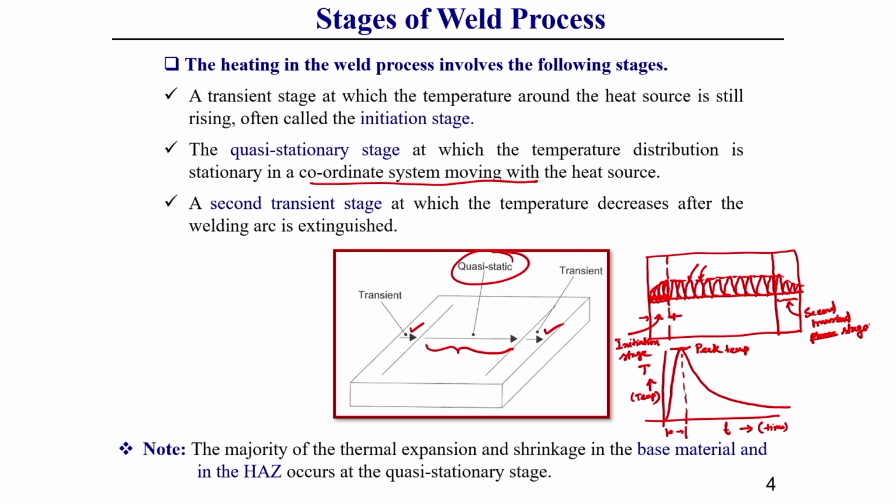Generally, whatever solution we will show you in this lecture, most of the solution is based on this quasi stationary zone. And another thing you should keep in mind is why most of the solution is based on this quasi stationary zone: it is the most important zone, because most of the thermal expansion and contraction, which is significant, occurs in this quasi stationary zone.